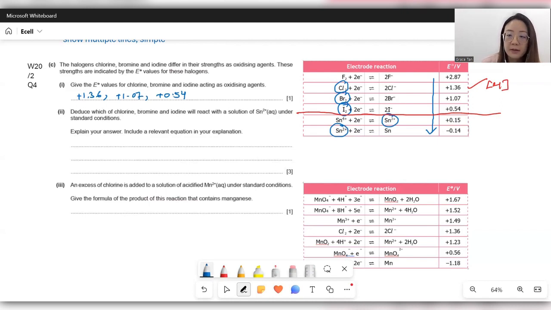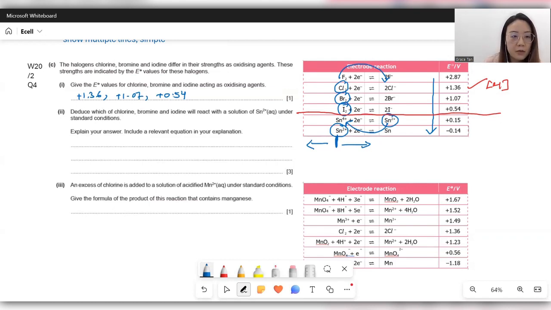All right, we will pick the 0.15. Chlorine, more positive, will undergo reduction. Tin 2 plus undergoes oxidation to become tin 4 plus. For those who pick the negative 0.14, your finger is pointing at this position here. So if tin 2 plus is in the equation here, you either shift right, which is reduction, not what we want, or you shift left to nothing. So there's only one answer, which is the positive 0.15 version.